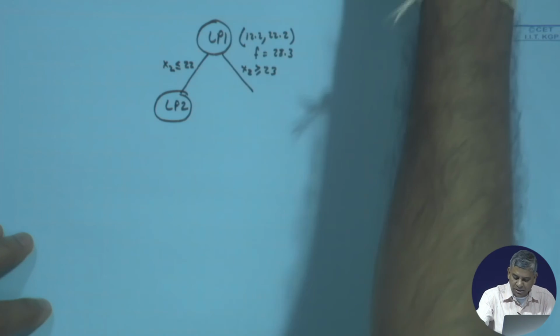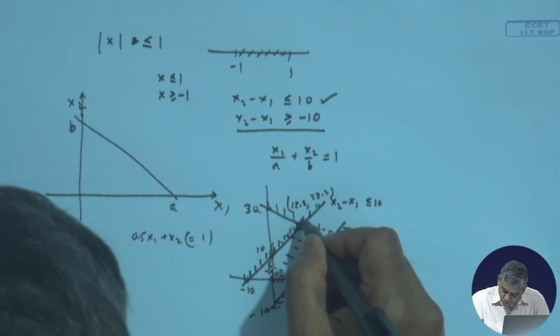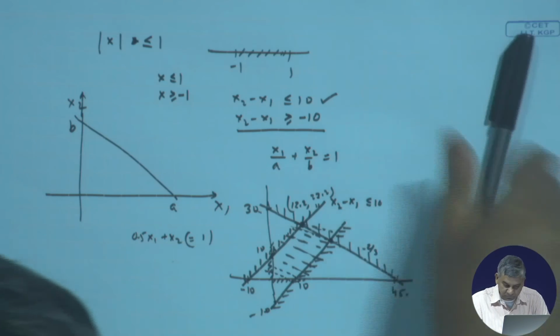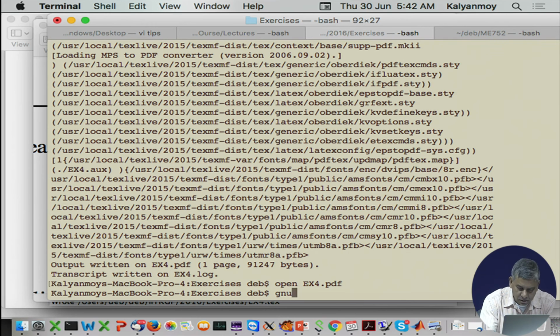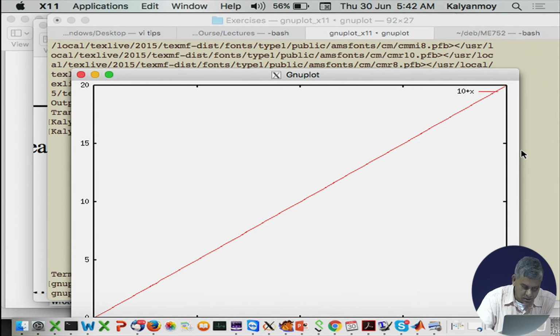Now that I have got this picture, it will be a little easier to solve, right? So 22.2 is here. Actually, I made a picture here. Let me see if I can reproduce it. Let me quickly plot it. I don't think I saved it. Okay, this one is the first one.